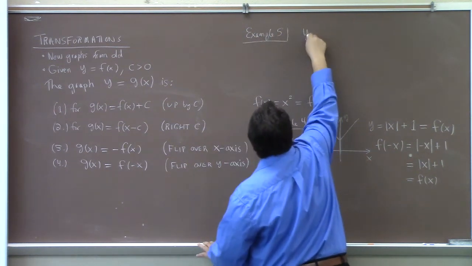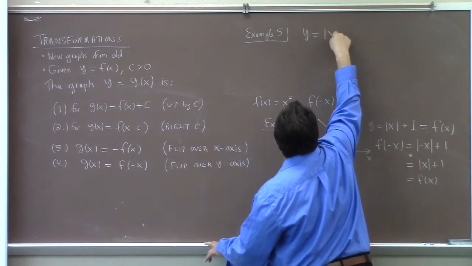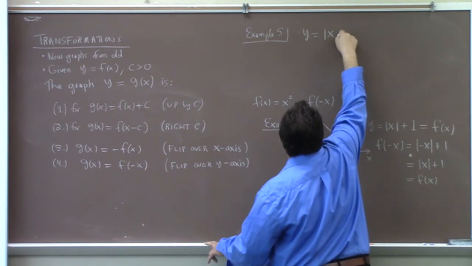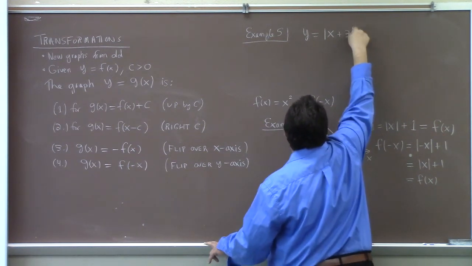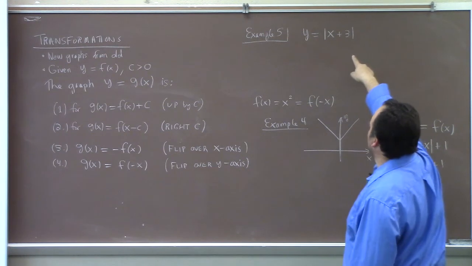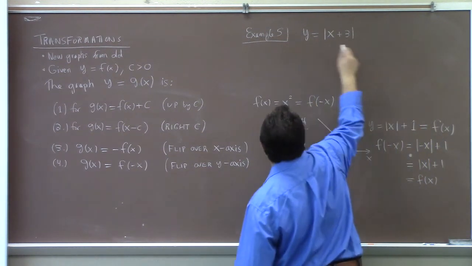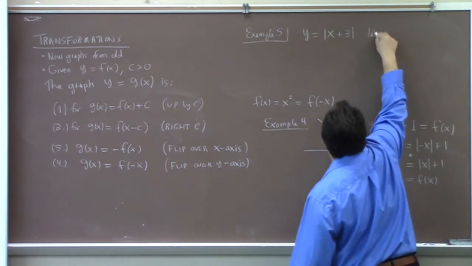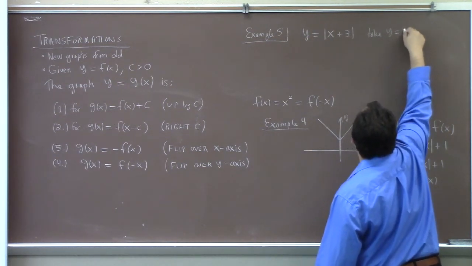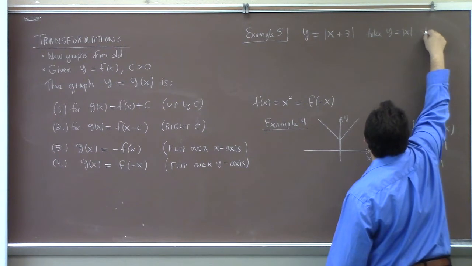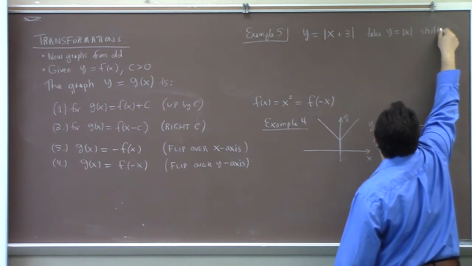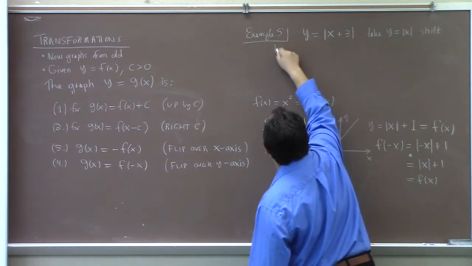What if we do y equals absolute value of x plus 3? What would that look like? We take y equals absolute value of x and shift what? Yeah, shift left by 3 units.